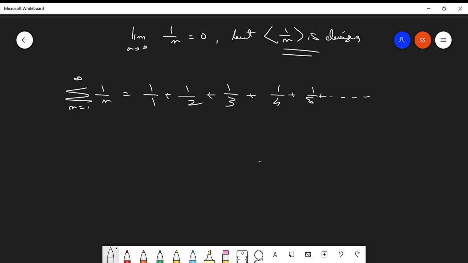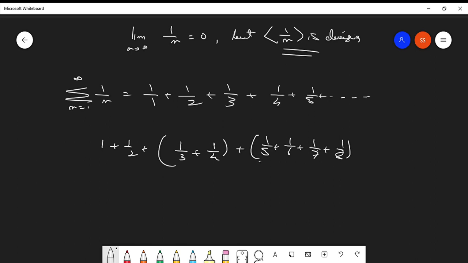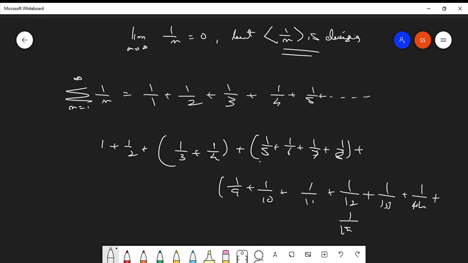For example, you have 1 plus 1 by 2, then we group 1 by 3 and 1 by 4, then we group 1 by 5, 1 by 6, 1 by 7, and 1 by 8, then we group 1 by 9, 1 by 10, up to 1 by 15 and 1 by 16, and so on. We keep on grouping like this.